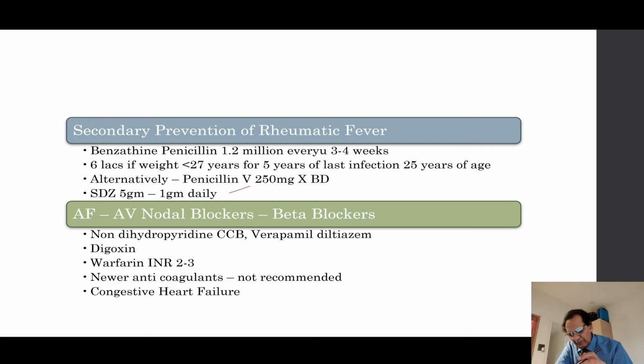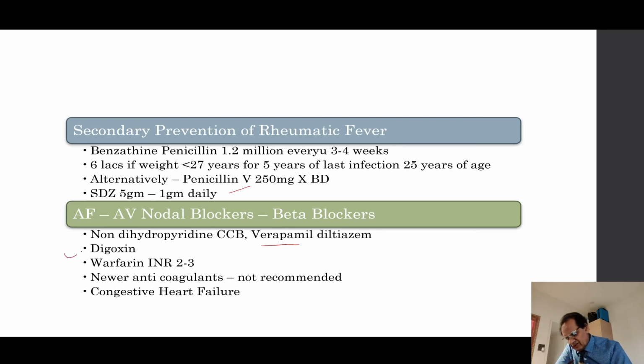If there is atrial fibrillation, what will you give? Nodal blockers like beta blockers. We have to reduce the ventricular rate to below 100, maybe around 90 to 100. In the same way, if beta blockers are not tolerated, we can use verapamil or diltiazem.